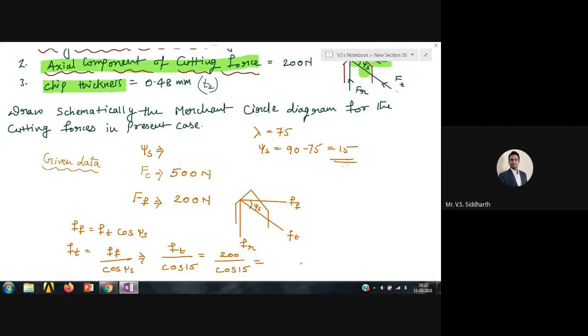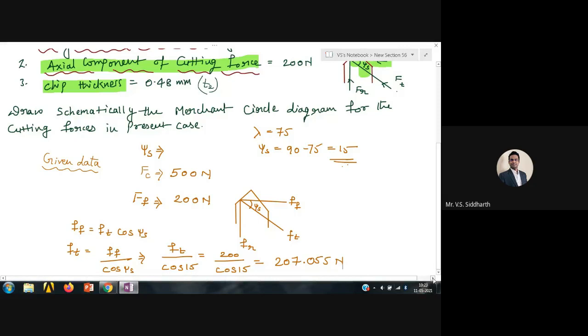Just a minute, let me check. Do it properly. I am getting it as 207.055 newtons. Okay, so I got the value of FT.